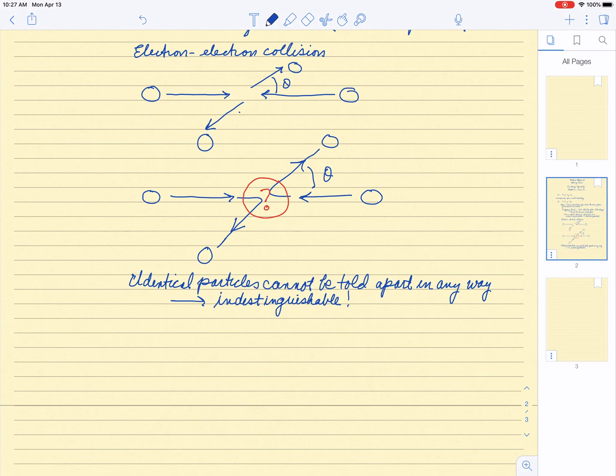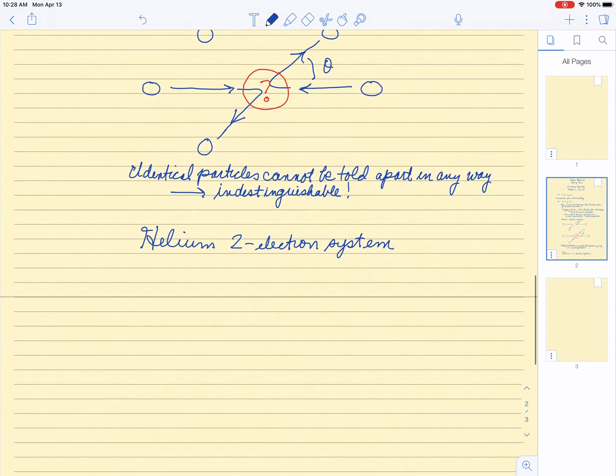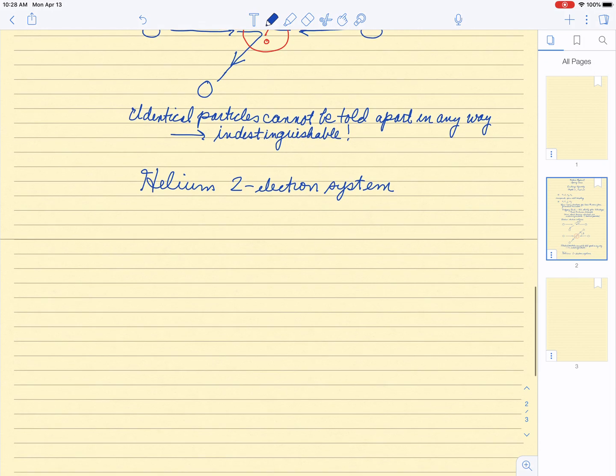We're going to look at helium, which is a 2-electron system. It's our first look at a system that has more than one electron. And so let's get a picture going here.